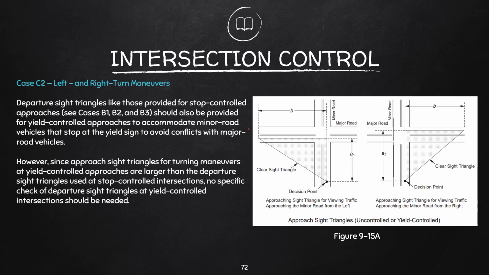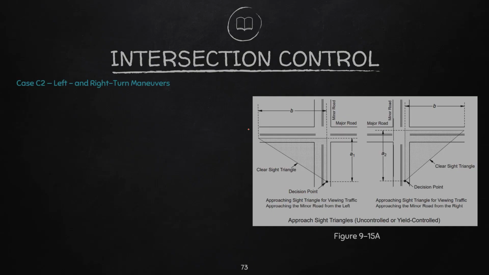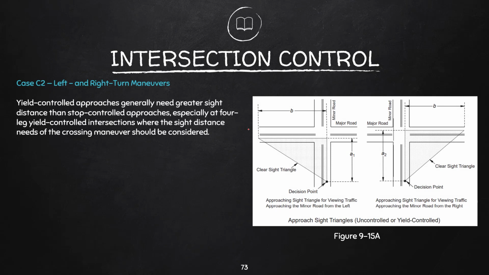However, since approach sight triangles for turning maneuvers at yield-controlled approaches are larger than the departure sight triangles used at stop-controlled intersections, no specific check of departure sight triangles at yield-controlled intersections should be needed. Yield-controlled approaches generally need greater sight distance than stop-controlled approaches, especially at four-leg yield-controlled intersections, where the sight distance needs of the crossing maneuver should be considered.